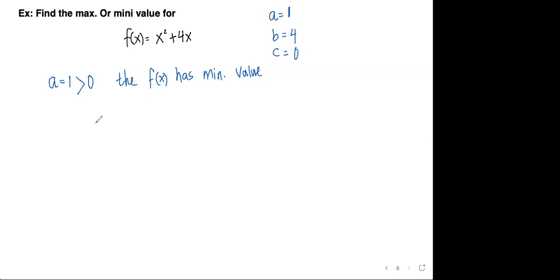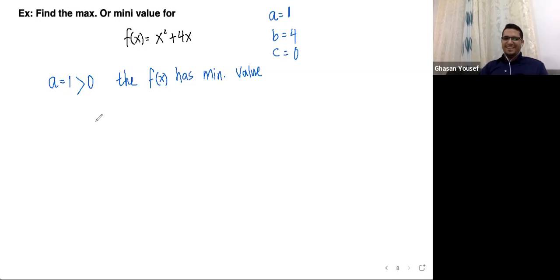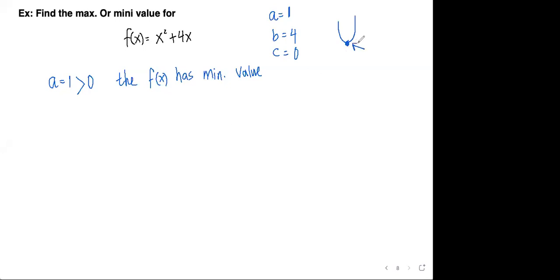I came up with a little something that helped me remember. If it's negative, think of the sad face, the curve goes down. Exactly. Here it is positive, which means the parabola will open like this. So the function has a minimum value, the vertex.